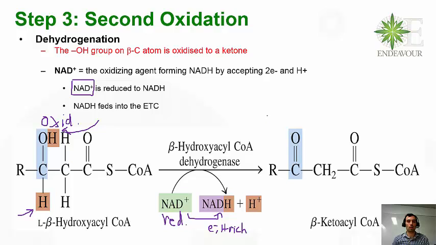So without the extra hydrogens, the carbon will now need to form an extra bond to the oxygen, and that's what allows it to form the C=O group. So because the C=O group is actually attached to carbons on either side, we actually call this a ketone.